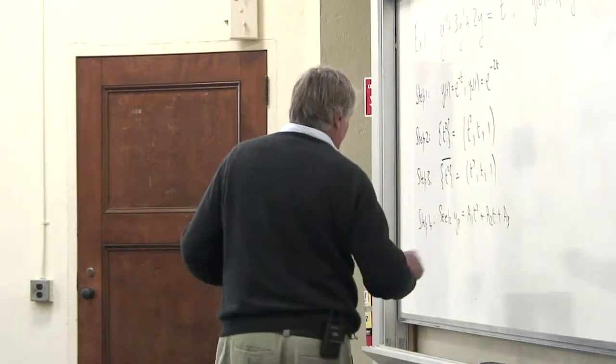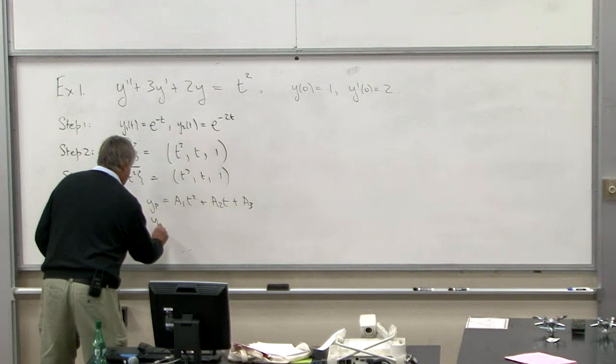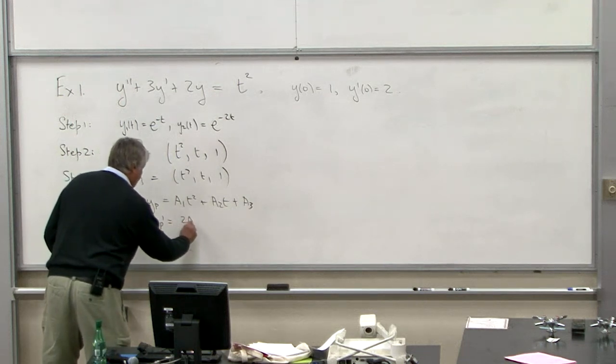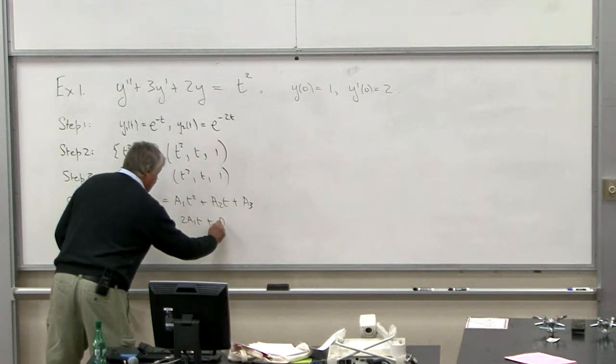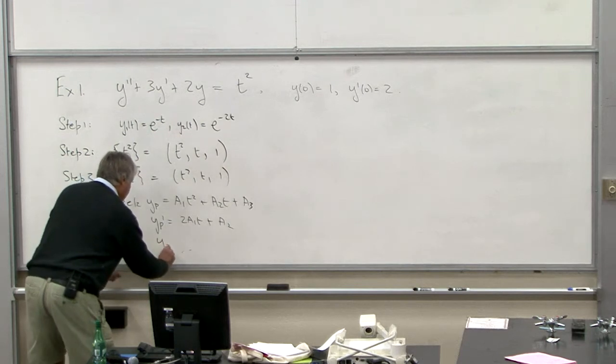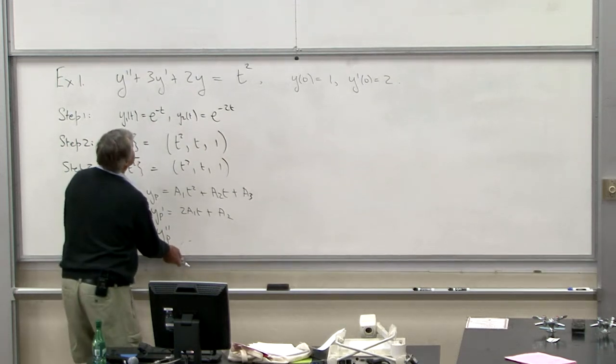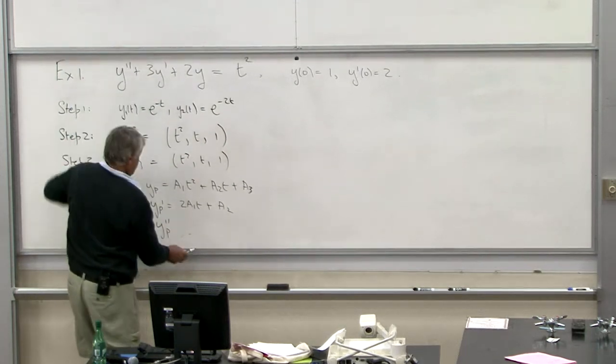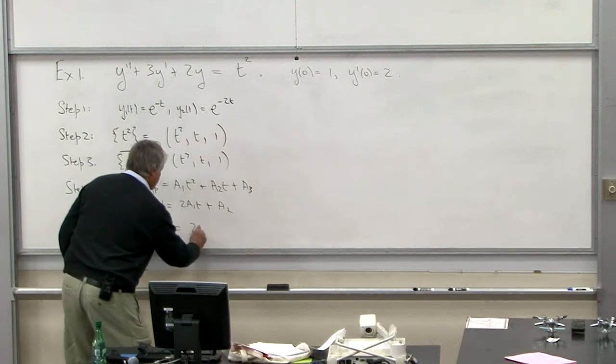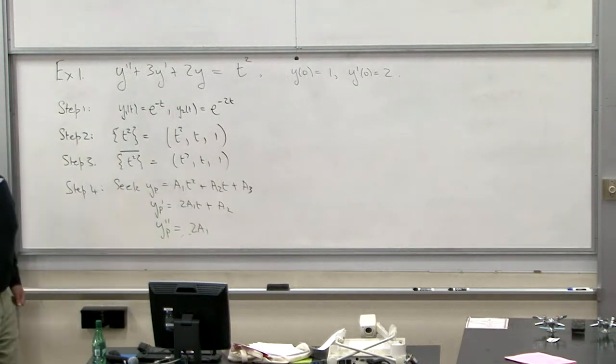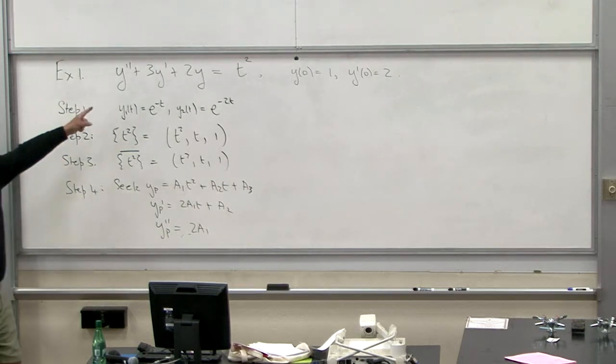All right, so if yp is that, yp prime is 2a1 t plus a2. yp double prime is 2a1. Now we just suck it into the equation.